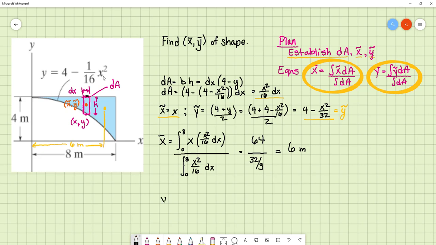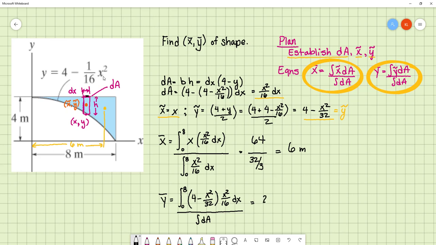All right. Let's set up the same thing for y bar. Y bar equals the integration from 0 to 8 of y tilde, which is 4 minus x squared over 32, times dA, x squared over 16 dx. And we're going to divide that by the integration of dA, but we've already figured that out. So when we integrate, again, you can distribute this out, but you don't need to.